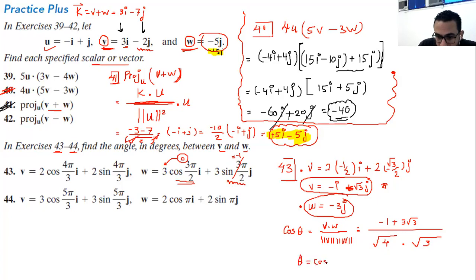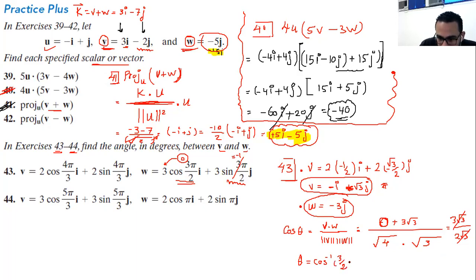So the angle equals cosine inverse of this. It was 3 radical 3 over 2 radical 3, so the radicals cancel and we get 3 over 2.